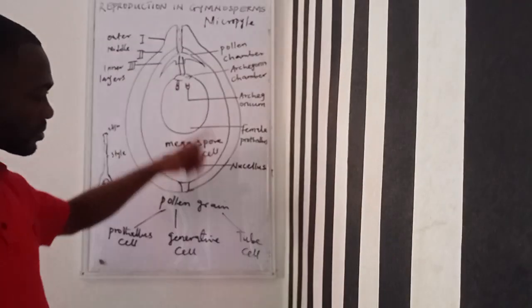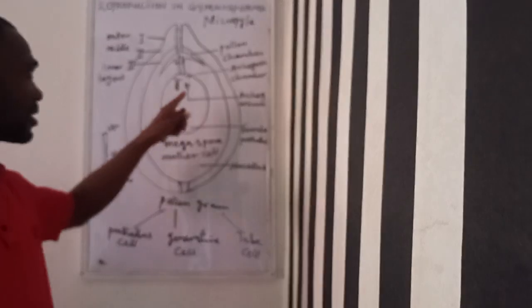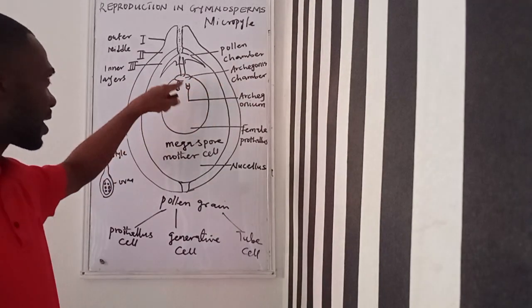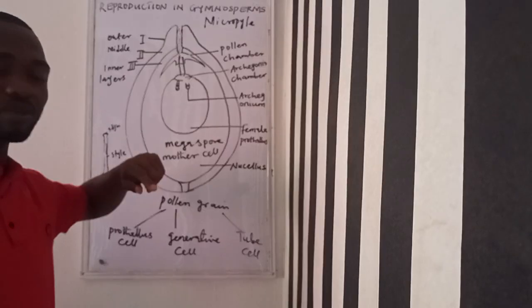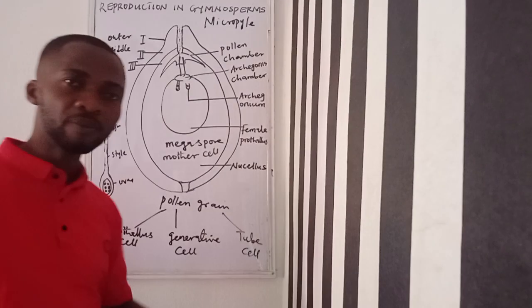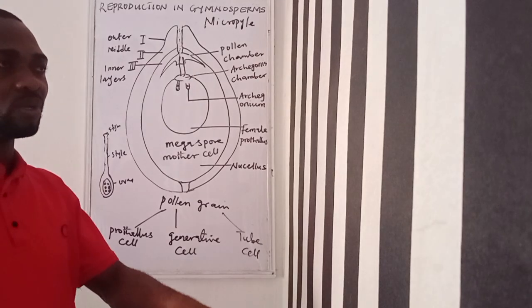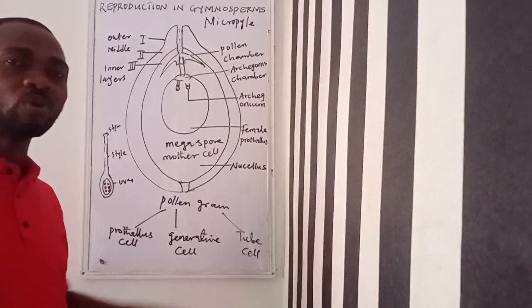So by the time the pollen tube breaks through into the archegonia and gets to the egg within the archegonium, the nucleus of the male gamete uncoats.